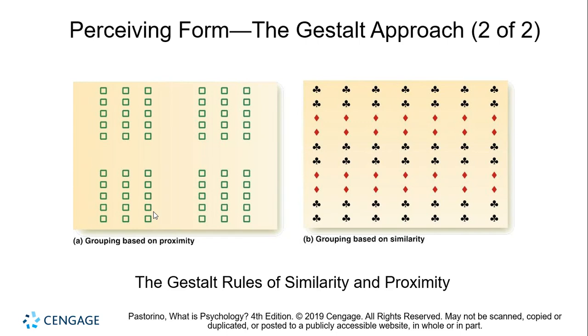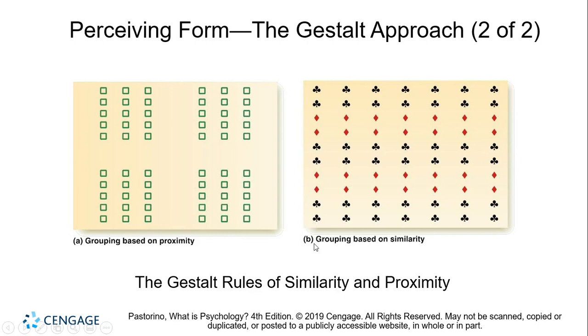We also group them by similarity. If I ask you to group these, most people are going to tell me that there are 3 groups of clover and 2 groups of diamonds. And if I ask you, are there lines or columns? Most people are going to tell me that there are lines. Because hardly anyone is going to tell me that there are columns of clover, clover, diamond, diamond, clover, clover, diamond, diamond, clover, clover.